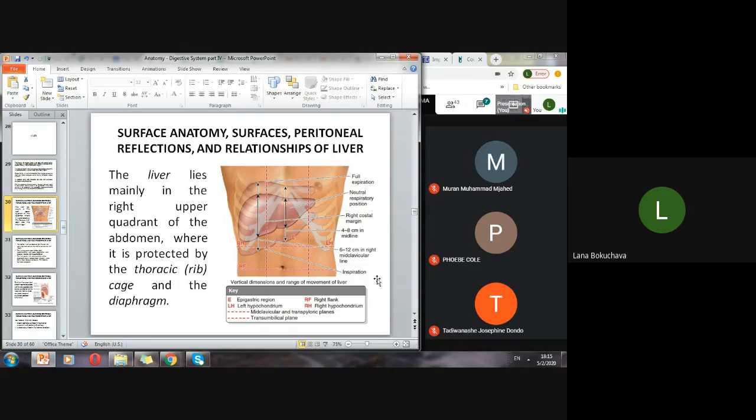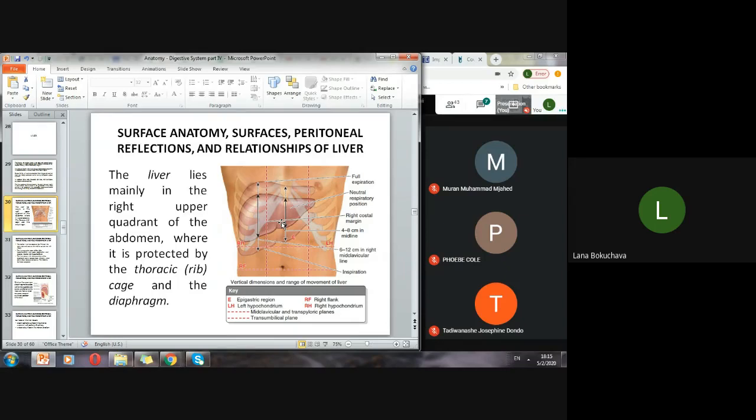As a result, we have 4 quadrants: 2 upper and 2 lower, right and left. Or we can subdivide it into 9 regions, as you remember. Here we have the 3 upper regions: the 2 hypochondria, right and left, and in the middle the epigastric area.